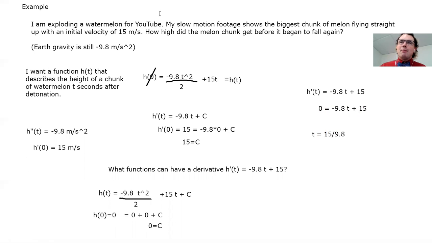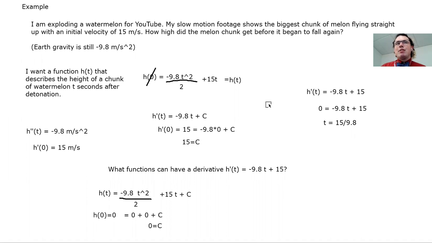That is the only number t that will make this equal to 0, and I'll have just a single critical value. Is this critical value a maximum, a minimum? Neither. I'll use my second derivative test.